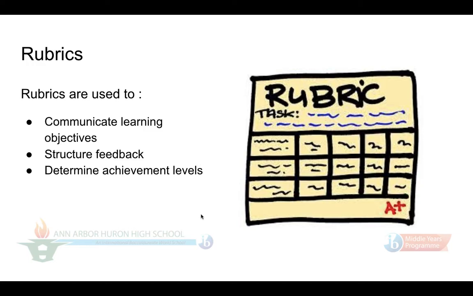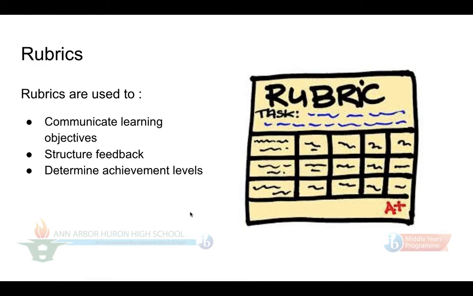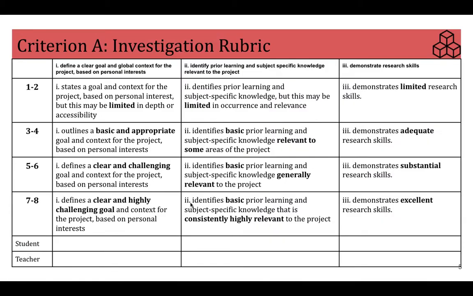All right. So rubrics are used to communicate objectives, structure your feedback, and determine your achievement levels for a class. So this is a pass or fail class. I believe you have to have a 2 to pass. So maybe a 3. I think it's a 2 that you have to pass this.